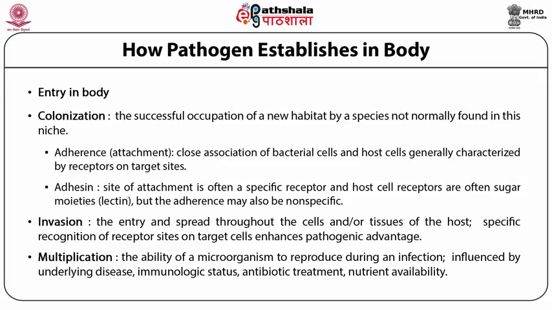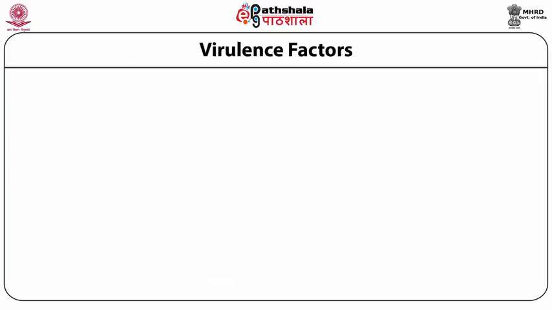During the course of multiplication, the pathogens may secrete exotoxins, endotoxins or other enzymes which may damage the body of the host. There are some factors known as virulence factors which are important for establishing the pathogen in the body.